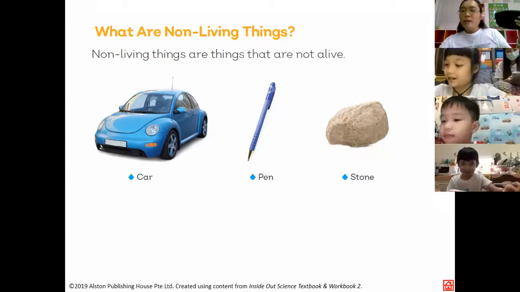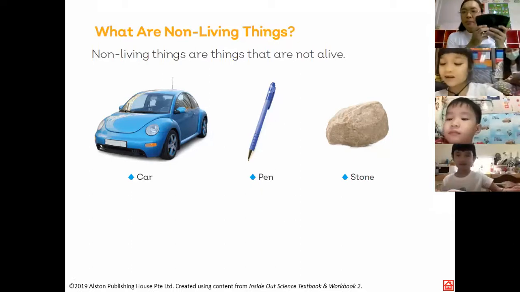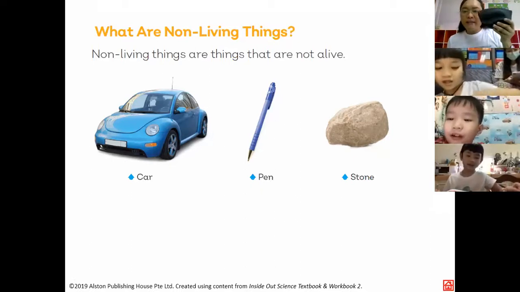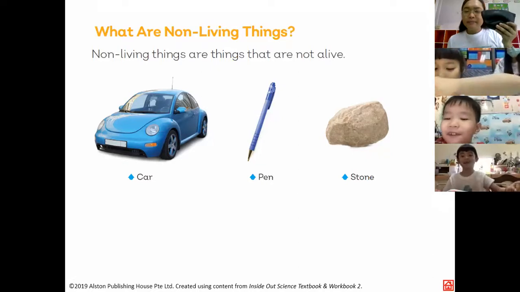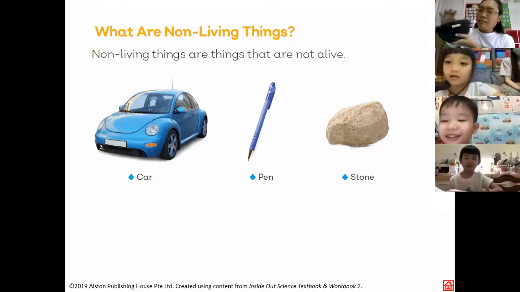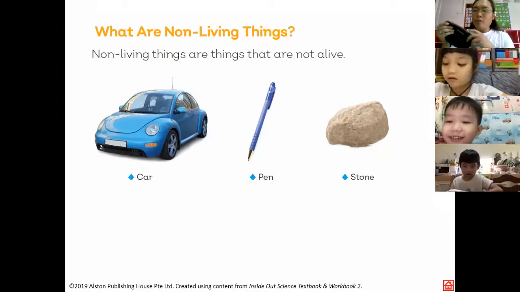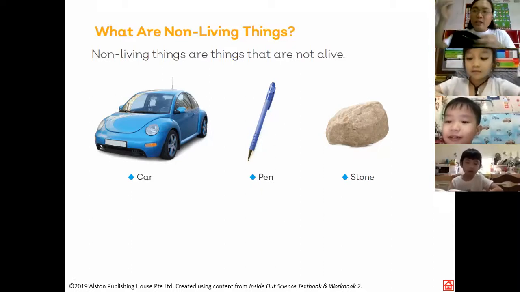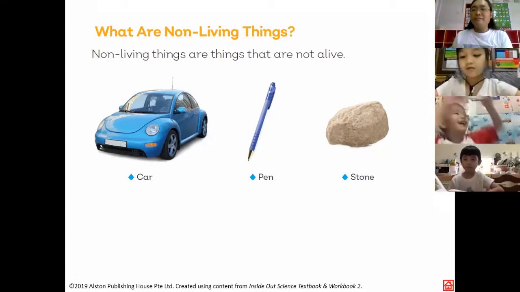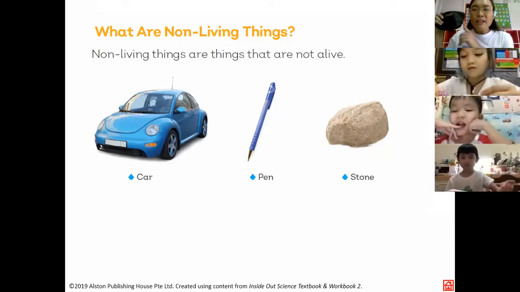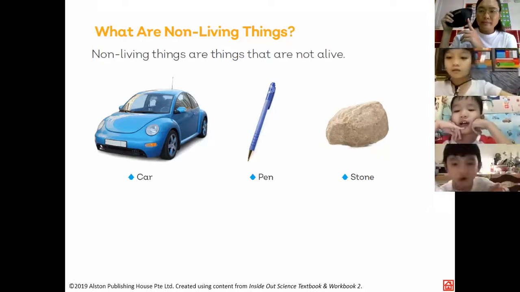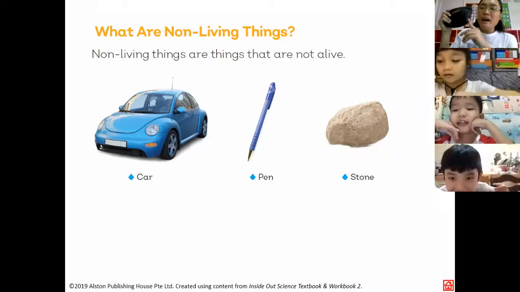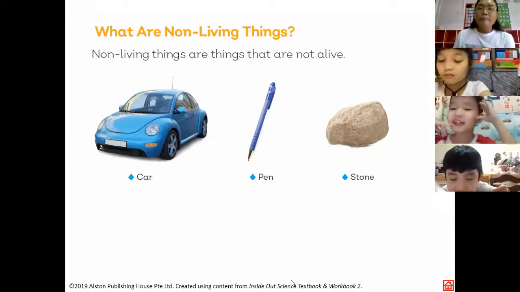What about purse? Purse is like a wallet. If you have money or coins, you can put it here. Is it living or non-living? No. So this one is non-living, okay?